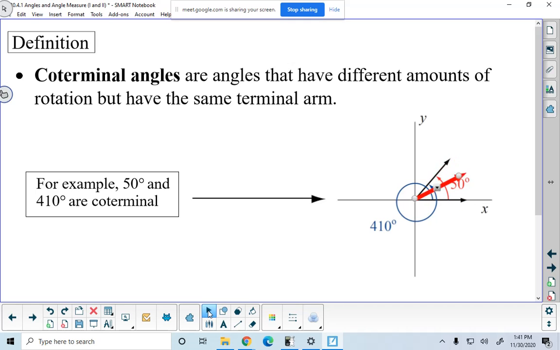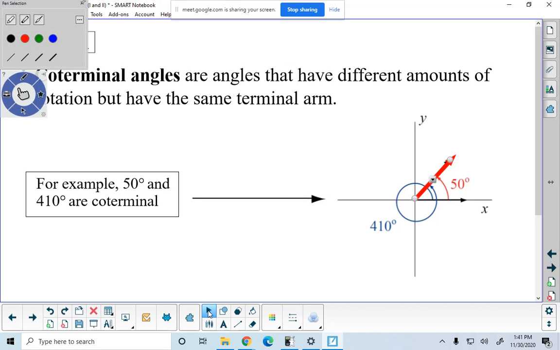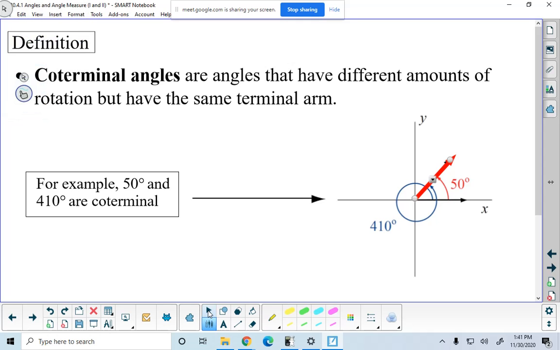If instead I rotate 410 degrees, that would be 360, plus another 50 would be 410, I end up in the same location. It's pretty easy to see why that's what the definition means, because the word is co-terminal. They have the same terminal angle.